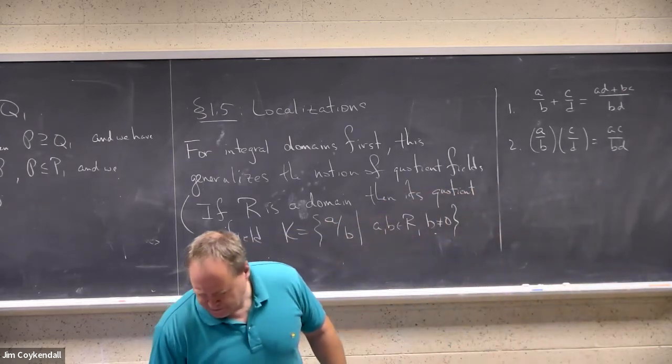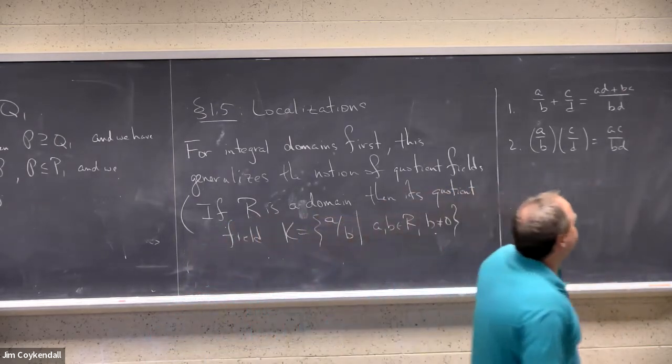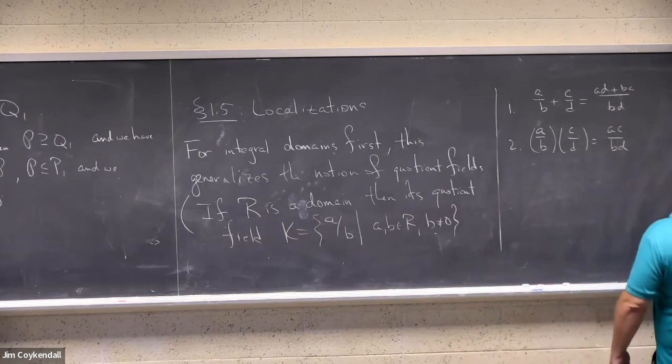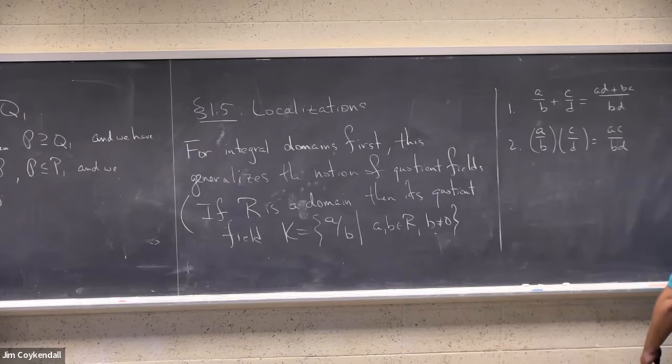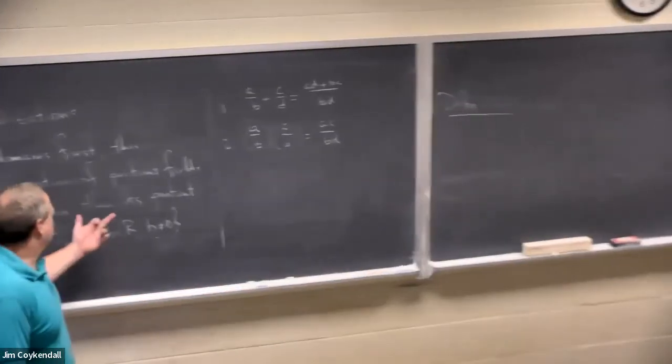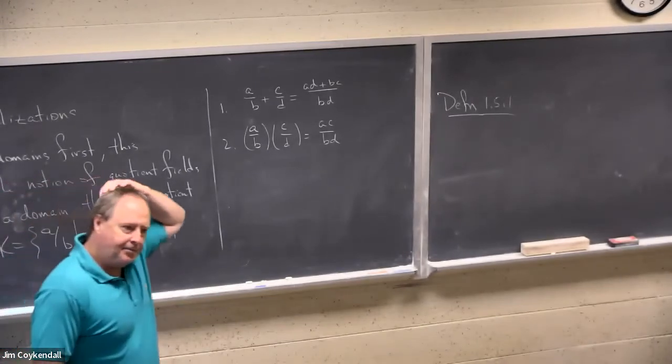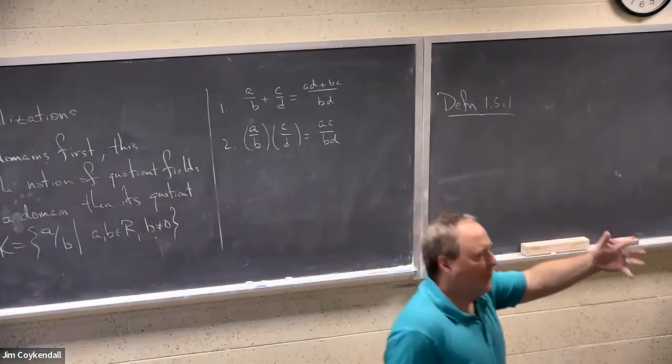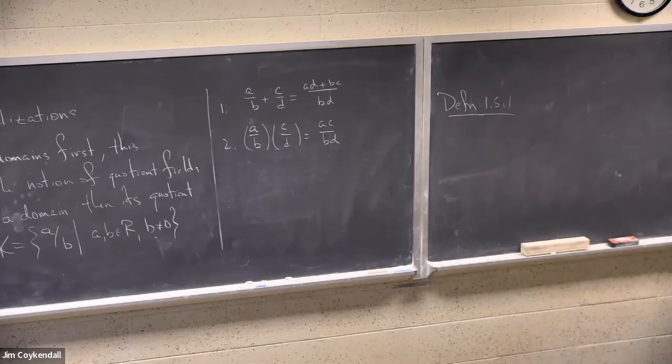Definition. Of course, the quotient field for an integral domain is all fractions as long as the denominator is not zero. And actually, I'll ask you in a more general setting what happens if you allow zero denominators.